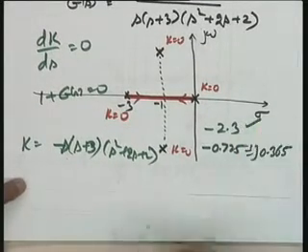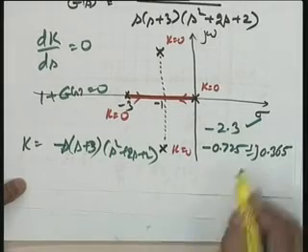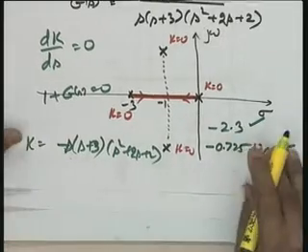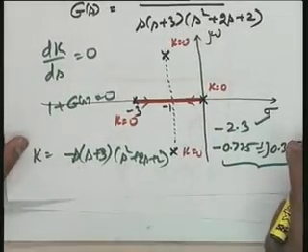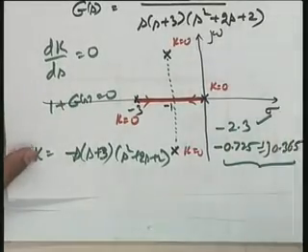So this is one root of that equation, minus 2.3, and these are the other roots, and you can see now these 2 roots are not the breakaway points because they do not lie on the root locus branches. You can even apply the angle criterion on these 2 points, you will find that the angle criterion is not satisfied.